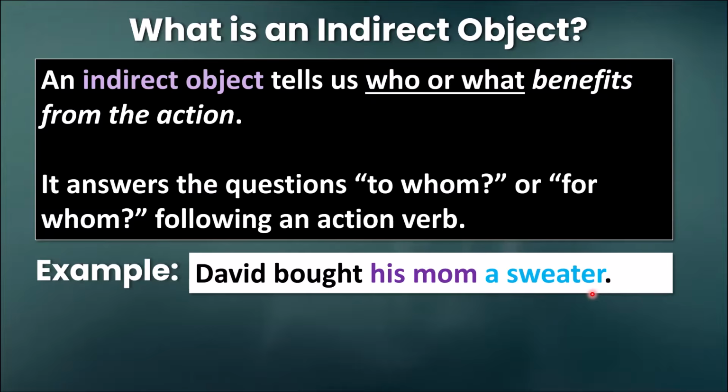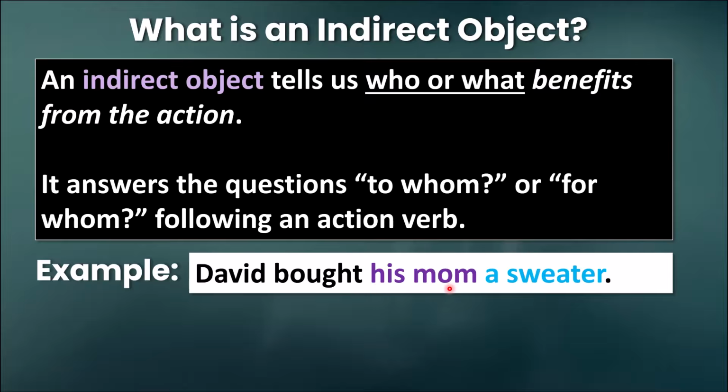So remember, we identify a direct object by asking what. So what did David buy? David bought a sweater. So we know a sweater is a direct object. But to whom or for whom did David buy a sweater? Well, he bought a sweater for his mom.